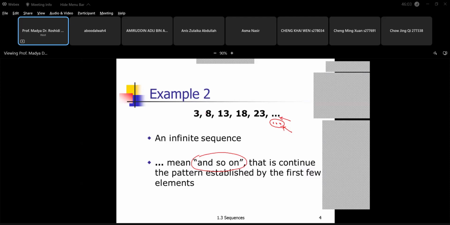We start with 3, 8, 13, 18, and 23. Between these numbers, from here to here, because this is ascending order, we say plus what? From here to here, plus 5. From here to here, plus 5. And so on, also plus 5. This is the pattern for this kind of sequential.